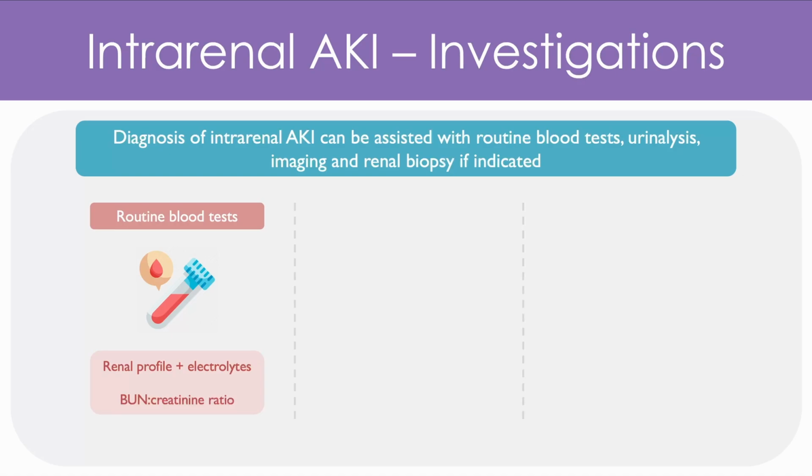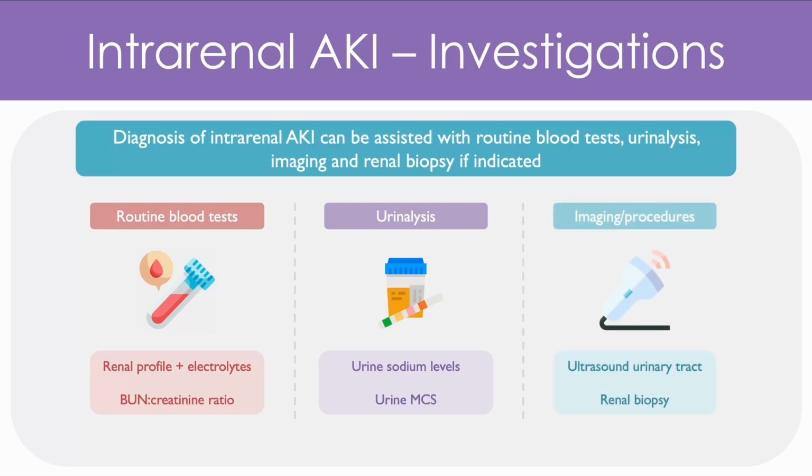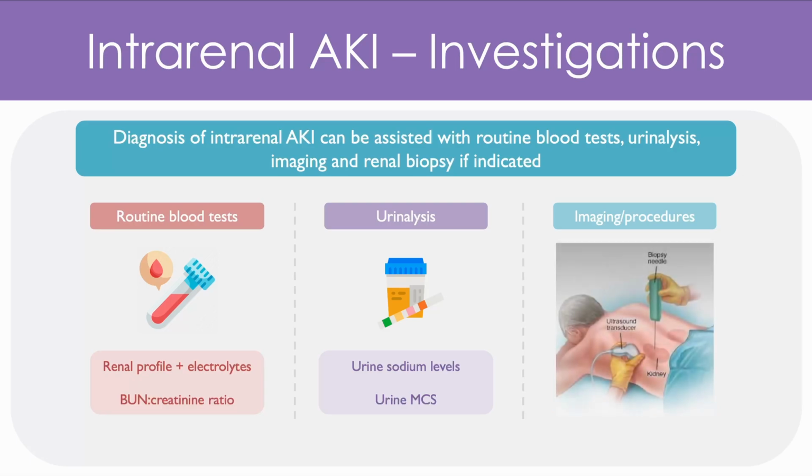We can also look at the BUN to creatinine ratio, which will vary depending on the different types of AKI. For urinalysis, we can take a look at the urine sodium levels and the urine microscopy and culture results. And finally, for imaging and procedures, we can perform an ultrasound of the urinary tract or a renal biopsy, which involves taking a small sample of the kidney tissue to analyze which type of condition might be present.